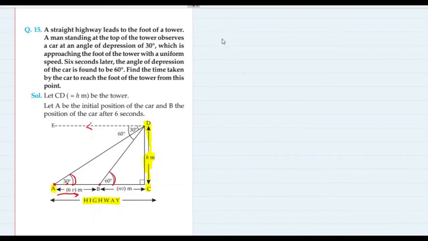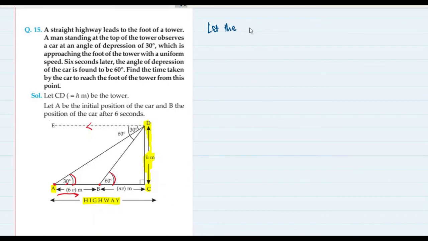Okay, so let's write some statements. I'm not going to take it as 6V or NV or whatever. I'm going to do it my way. So a little different, but please pay attention, you will understand.